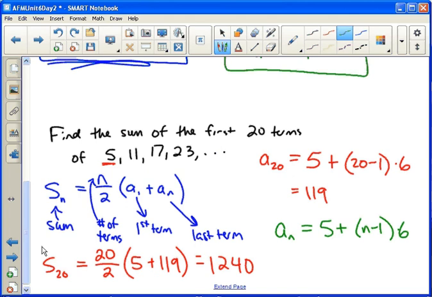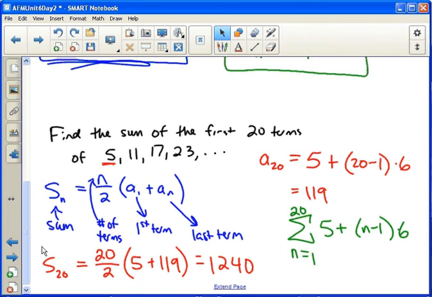So I would just use the explicit formula, and put a sigma in front. And since you want to do the first 20 terms, I would just do n equals 1 to 20. So you can plug that in your calculator using math 0, plug in the equation, tell it to go from 1 to 20, and you'll get the exact same result. You'll get 1240.